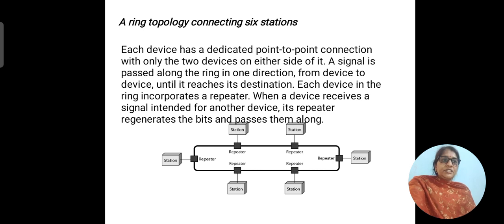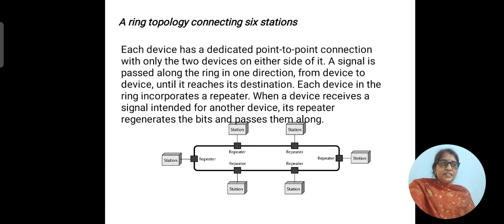So a ring topology is, as shown in this slide, a figure in which we connect all the stations to each other using a cable as a ring, in which all these stations are repeaters. Therefore, in the ring topology a device has a dedicated point-to-point connection with only the two devices on either side of it.